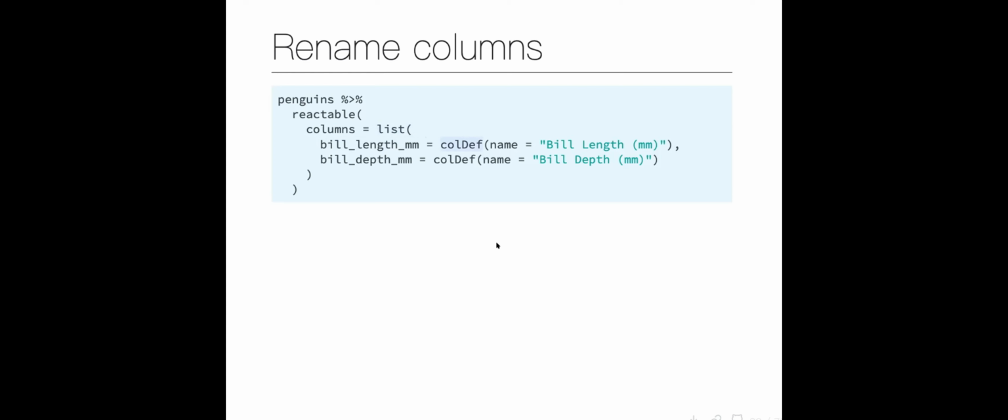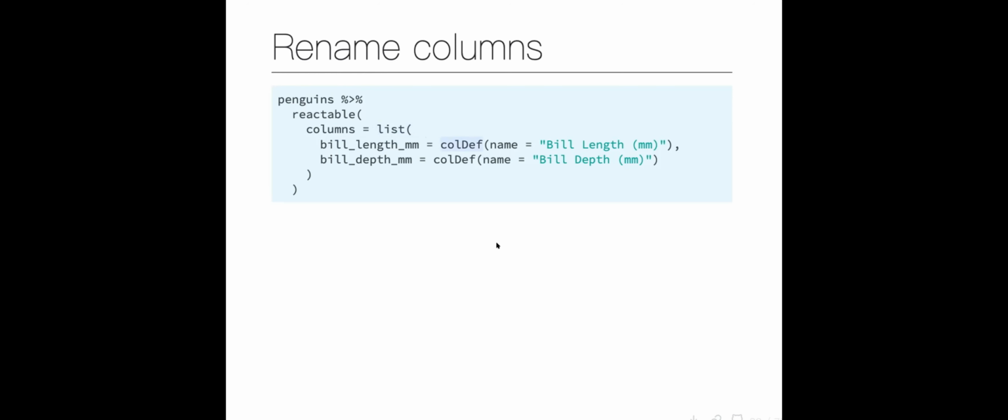Okay, so colDef is the column definition, right? And it can take all sorts of different arguments. So similar to like in ggplot, when you say theme and you say plot.title is equal to, and then you say element_text, and that's a function.